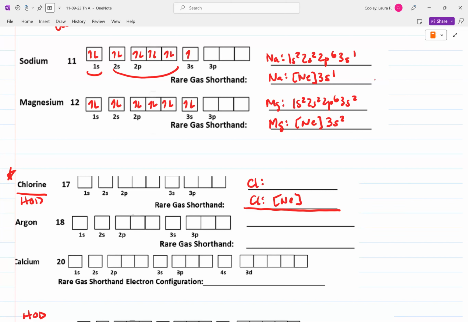And that takes care of the first 10 electrons. You only have 7 more. So this is all taken care of in the rare gas configuration. That's 10 electrons there. That's neon. And so you have 3s2, 3p5, because it's 17.